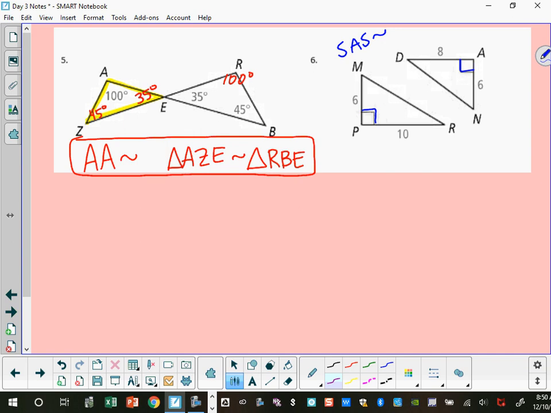Do this one yourselves, guys. So 1 equals 5 over 4. Okay.